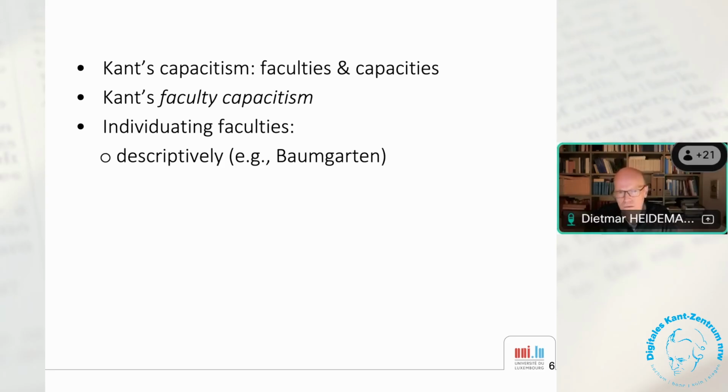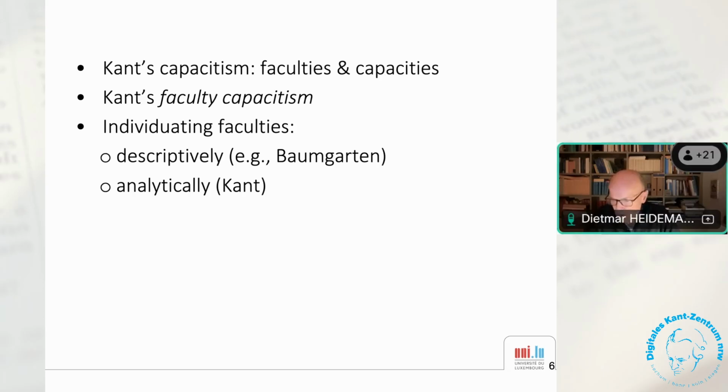But we could also try to do this analytically, as I would say, and this is actually Kant's approach, by isolating faculties and capacities. We'll explain this in much greater detail later.